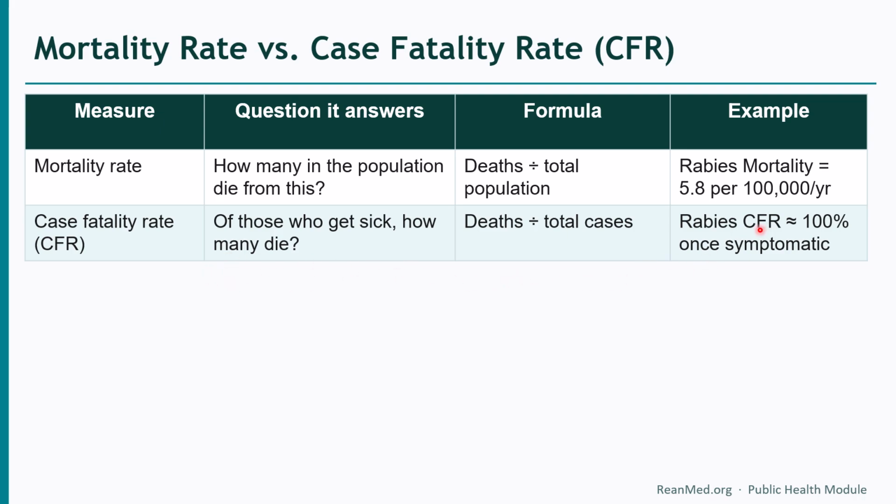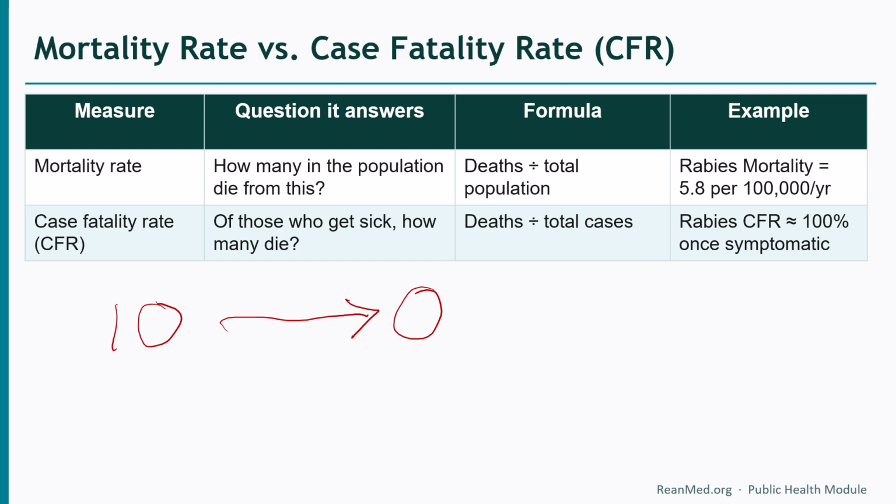And for rabies, almost every single person who gets the disease and has symptoms will die. Nobody can survive it. And so that means the case fatality rate is almost 100%. That means if we had 10 people with rabies and we ask how many people will survive, it is 0. Nobody will survive if they already have rabies.